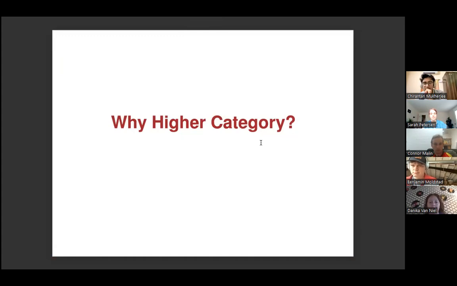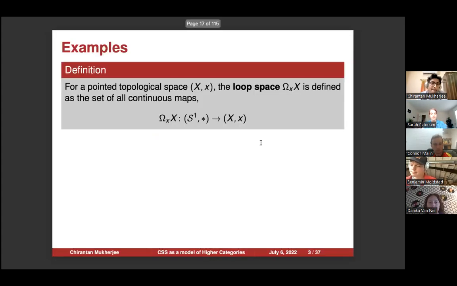Right, so let's see by an example why we need higher category theory, for which let us define the loop spaces. So for a given topological space X with base point, which we denote by little x, we define the loop space on the topological space X at little x as the set of all continuous maps from the circle with a fixed point to the topological space X with base point little x.